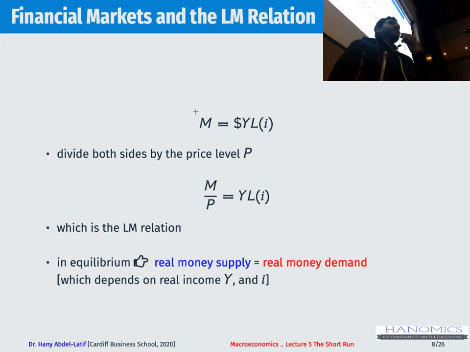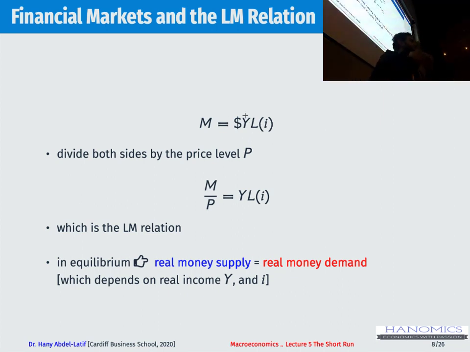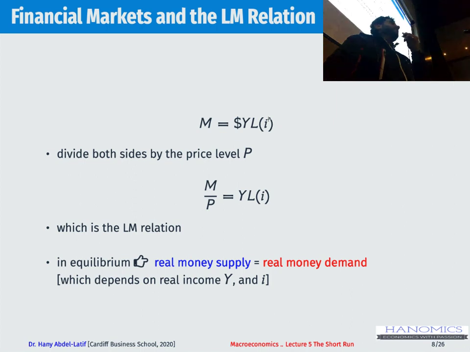The left-hand side here is the money supply, and the right-hand side is demand for money. So what are the determinants of demand for money? We said nominal income, which is the $Y here, just to stress that this is nominal income, and the interest rate, which is I here.